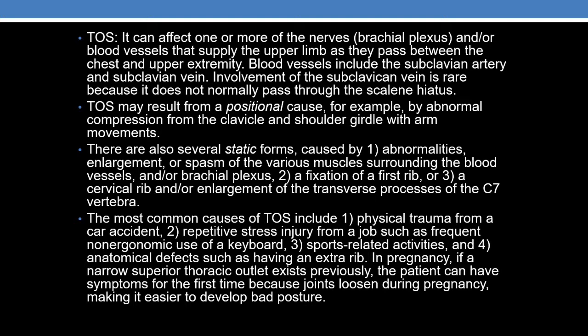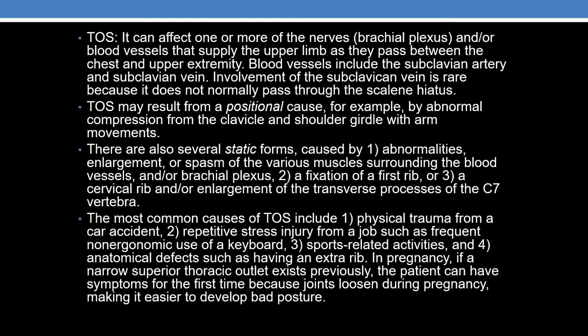of the C7 vertebra. Now, as far as workers' compensation cases and in the work that we do as qualified medical evaluators, the most common causes of thoracic outlet syndrome include physical trauma and repetitive stress. Physical trauma might include such types of injuries as would occur in a car accident.